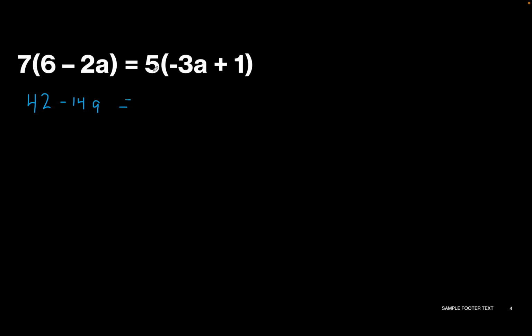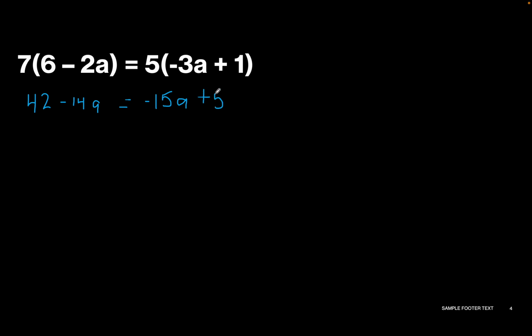And I have 15a minus 5 times negative 3, which is negative 15, so 15a. And 5 times 1 is 5.